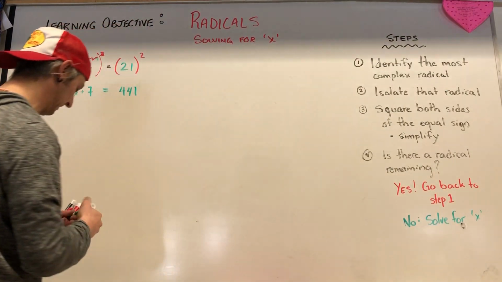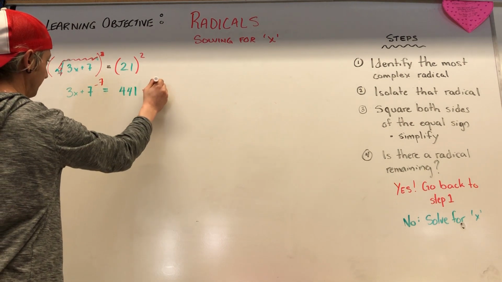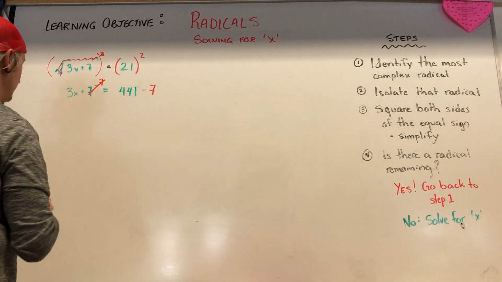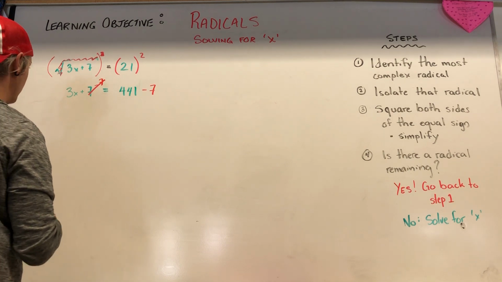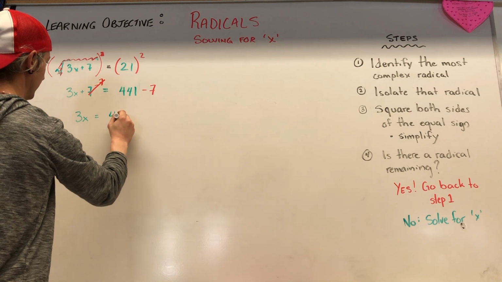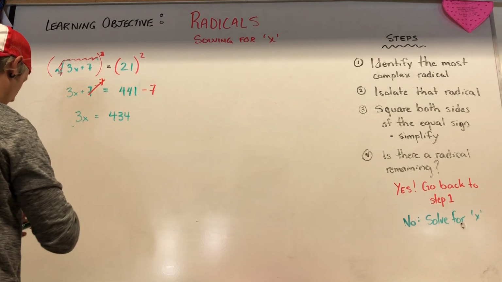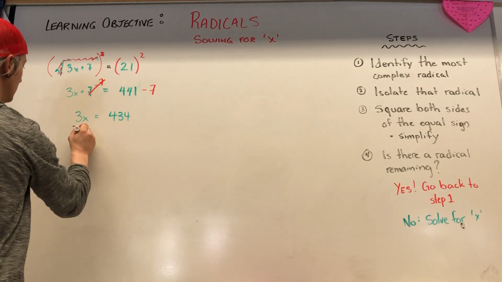To solve for x, I'm going to subtract 7 from each side. Cancel that. And then I'm going to be left with 3x is equal to 434. And I'm going to divide both sides by 3.